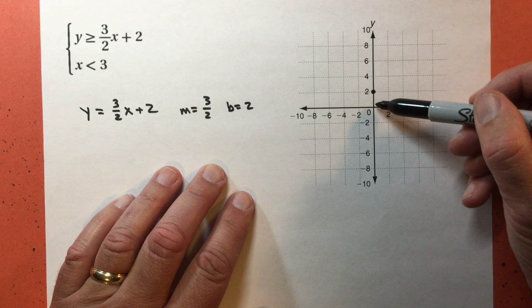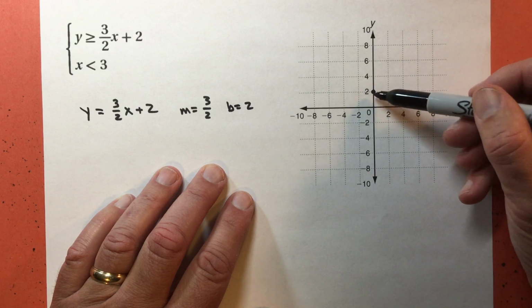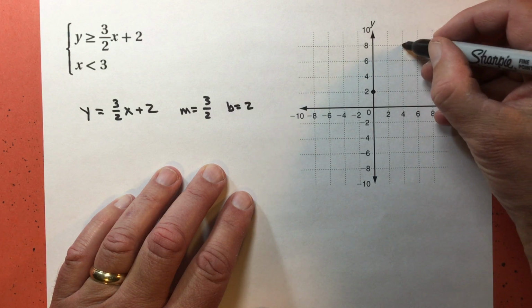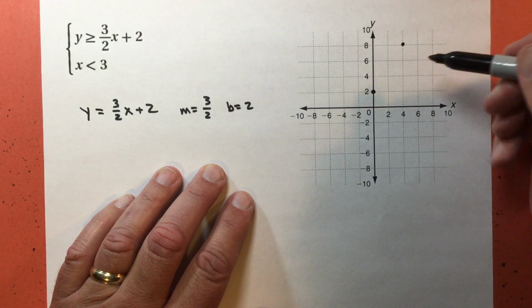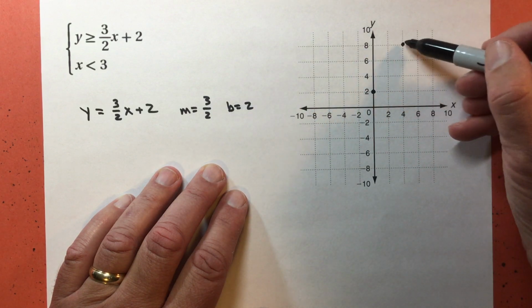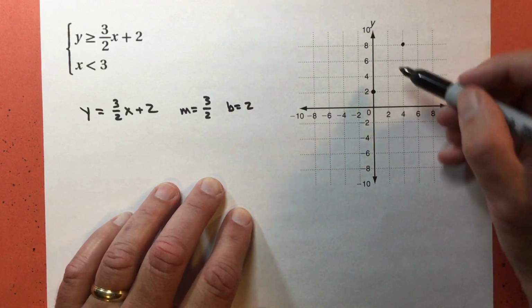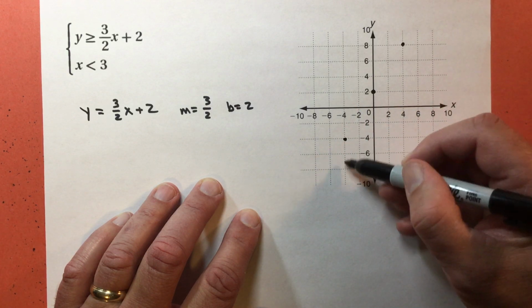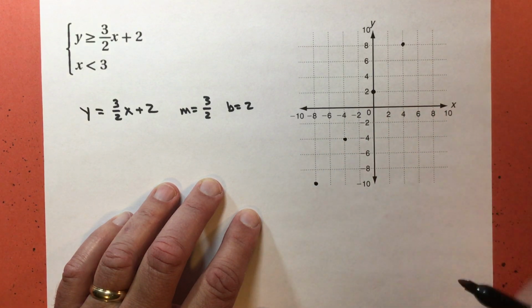My scale is every 2, but that's okay. I can still go up 3 spaces and to the right 2. That's like saying 6 over 4, so I'm going up 6 and to the right 4. That's the same fraction. And then I can also go down and to the left.